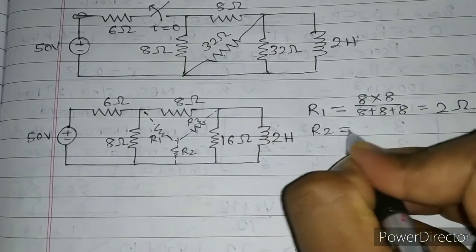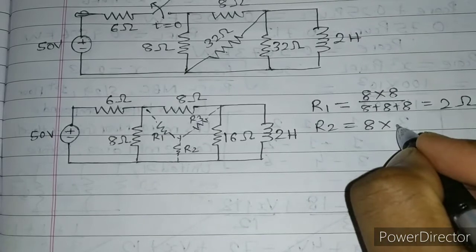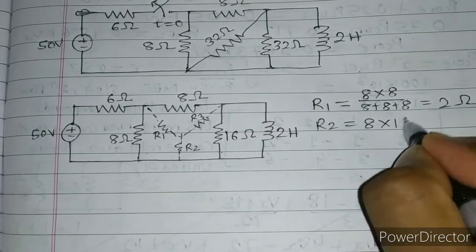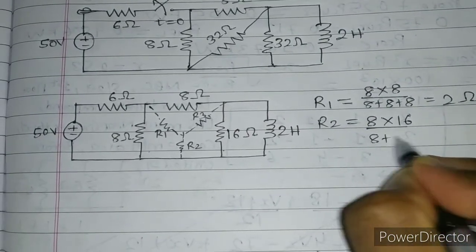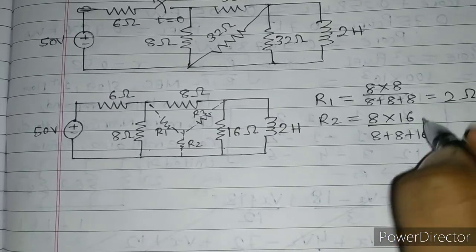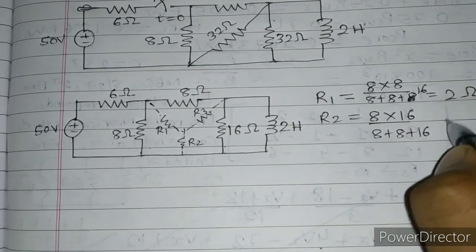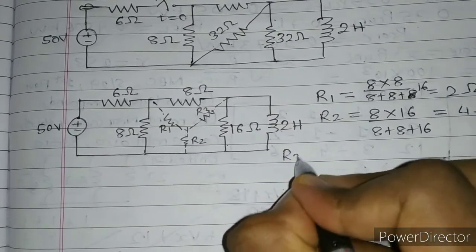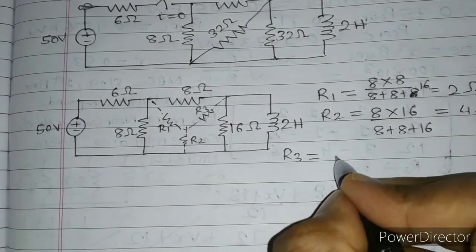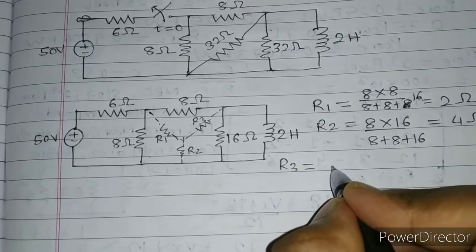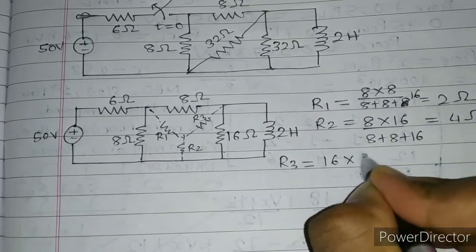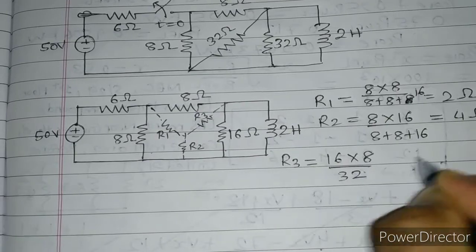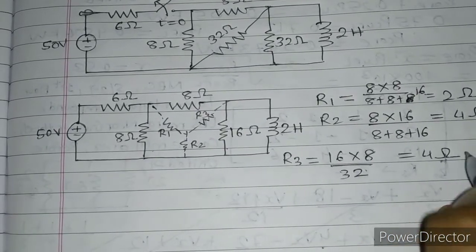R2 is equal to 8 into 16 divided by 8 plus 8 plus 16, which is equal to 4 ohms. And R3 is equal to 16 into 8 divided by 32, which is 8 plus 8 plus 16, that is 4 ohms.